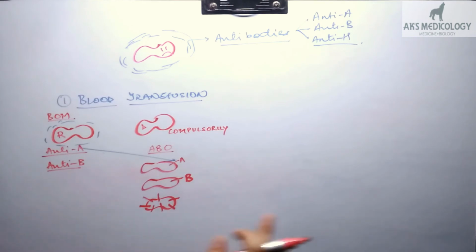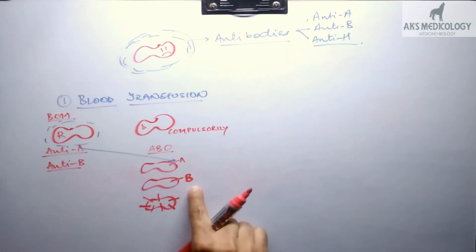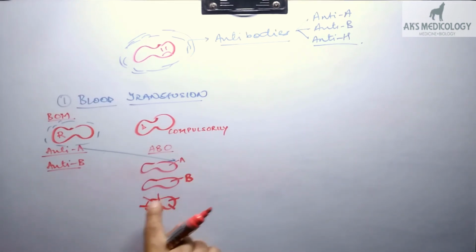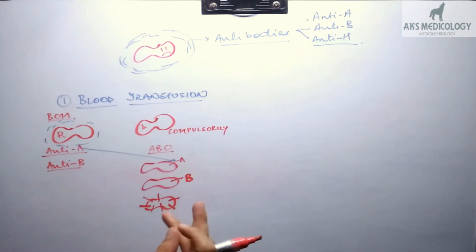Why it possesses a large amount of H antigens is because H antigens are the precursor for A and B blood groups. Now, O blood group lacks both A and B, therefore H antigen need not transform into A and B, and therefore the amount remains comparatively more as compared to A and B blood groups.